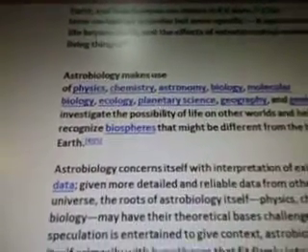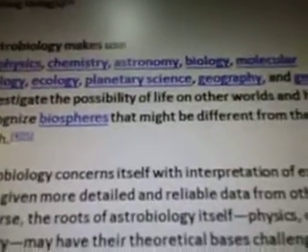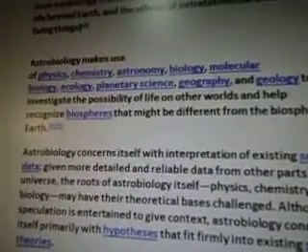Astrobiology makes use of physics, chemistry, astronomy, biology, molecular biology, ecology, planetary science, geography, and geology to investigate the possibility of life on other worlds and help recognize biospheres that might be different from the biosphere on Earth.